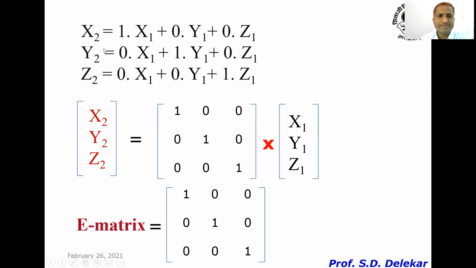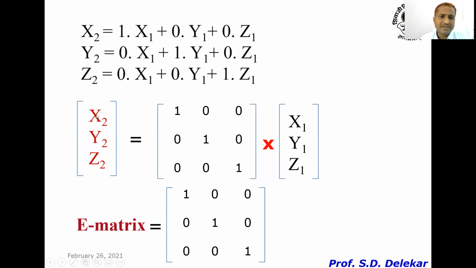These three equations can be written in the form of a matrix: x2, y2, z2 in one column matrix is equal to the matrix 1, 0, 0, 0, 1, 0, 0, 0, 1 multiplied by x1, y1, z1. So these numbers are included in one matrix.